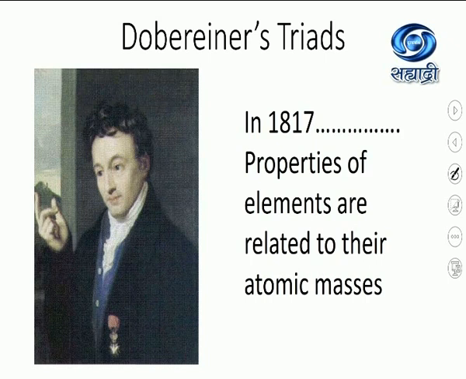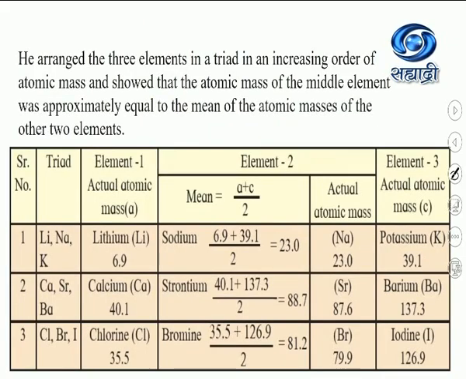In 1867, the German scientist Doberiener suggested that the properties of elements are related to their atomic masses. He arranged three elements in a triad in increasing order of atomic mass, and showed that the atomic mass of the middle element was approximately equal to the mean of the atomic masses of the other two elements.